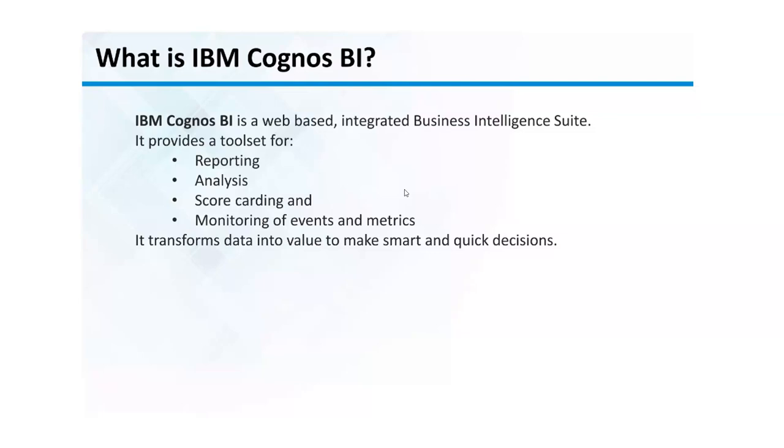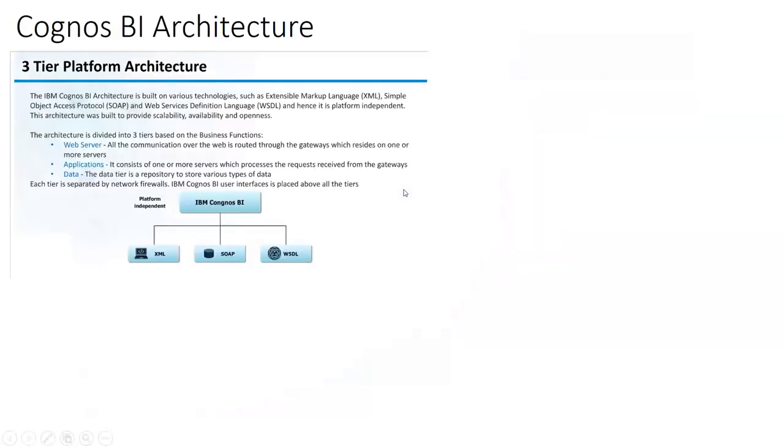How does the architecture of Cognos look? Presenting to you the Cognos BI architecture. Being a web-based platform, unlike client-server, which is two-tier, Cognos BI works on a three-tier platform. Cognos BI allows anybody to have an easy-to-use access interface via a browser to enter the platform online. It essentially works with three elements.